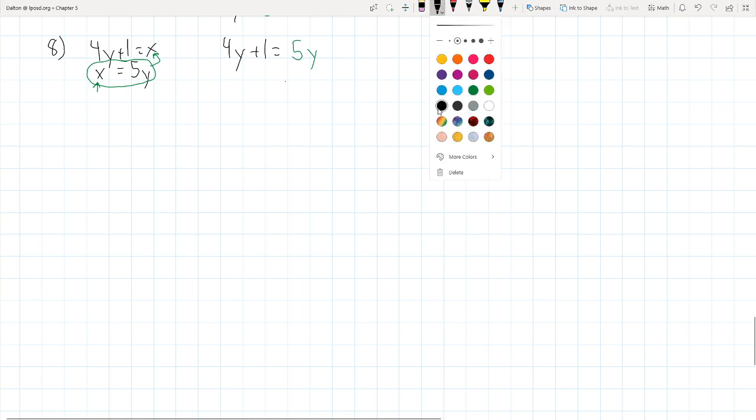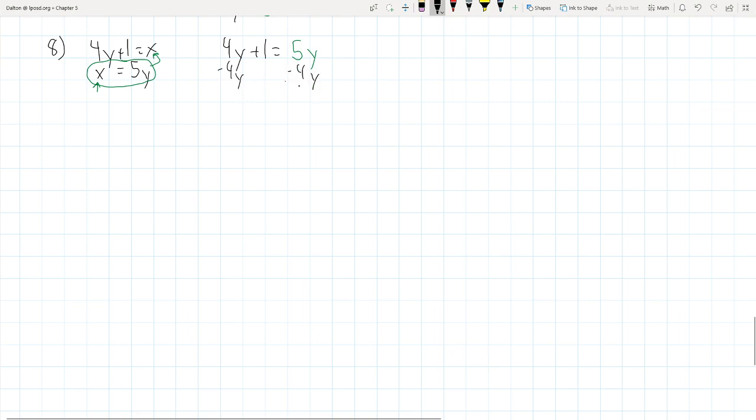So now I can solve the equation. I want to get my y's by themselves. I'm going to subtract 4y from both sides. I get 1 equals y. Ooh, that was a lot easier than that first one.